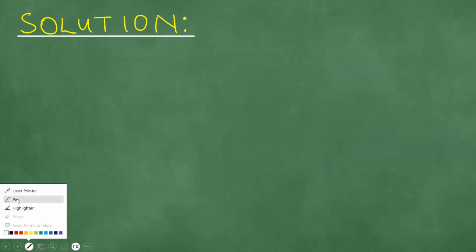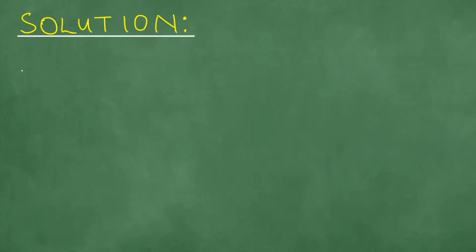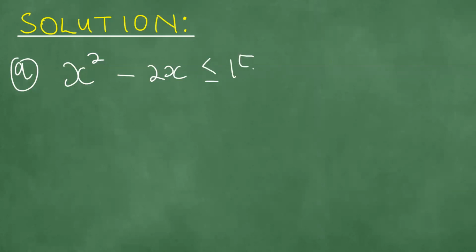Right, so part A. Part A will actually be solved with ease because it is exactly x squared minus twice x is less or equal to 15. So how do you solve for x here?